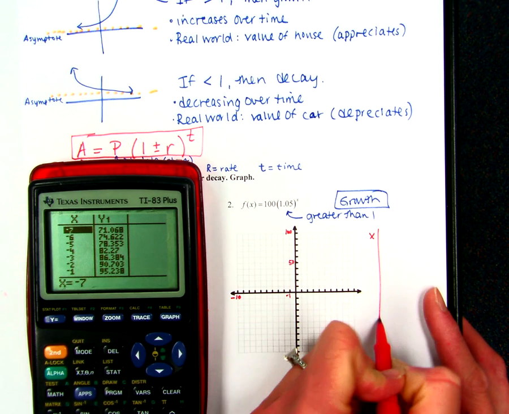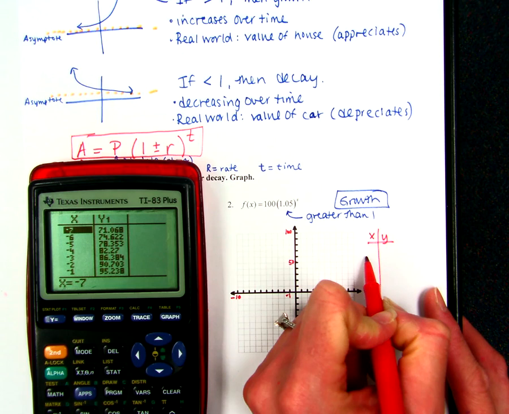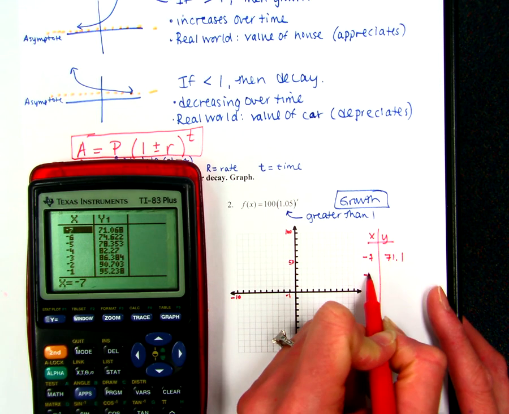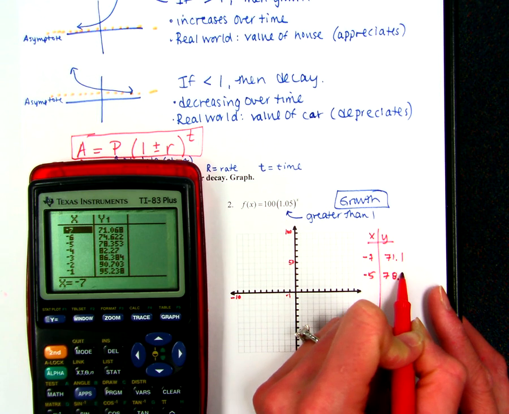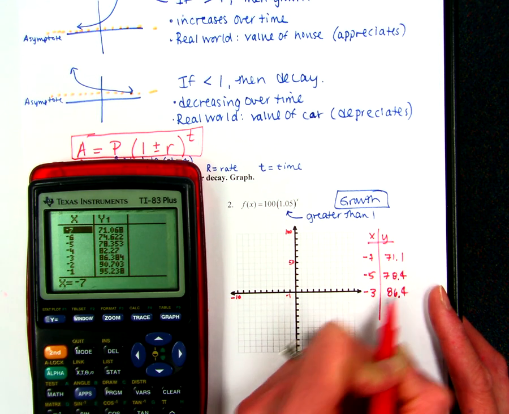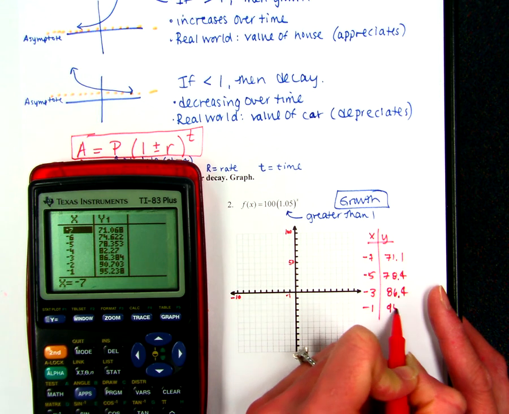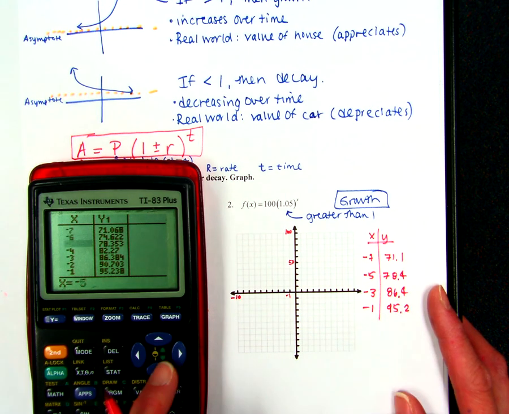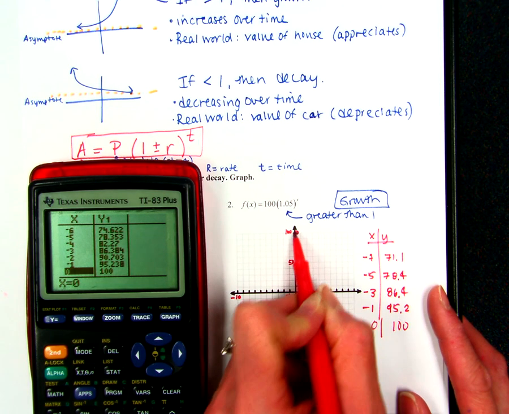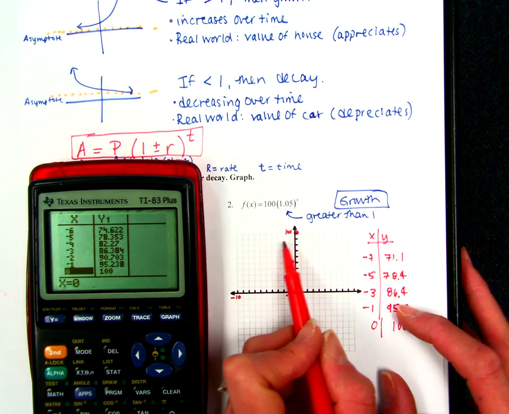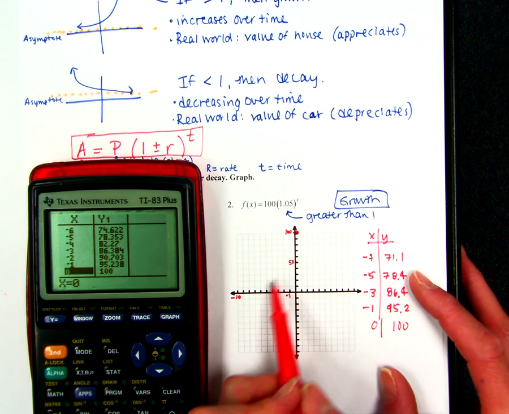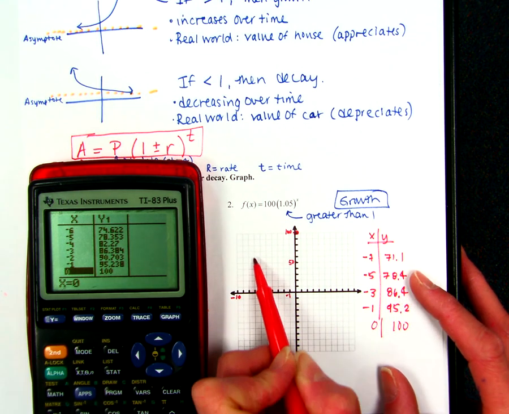If I make a table of values, I've got -7, 71.1; -5, 78.4; -3, 86.4; -1, 95.2; and 0, 100. This one doesn't have as steep of a change as problem number 1, but you could still see where it's going.